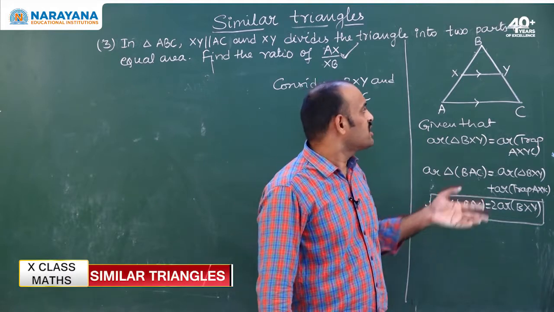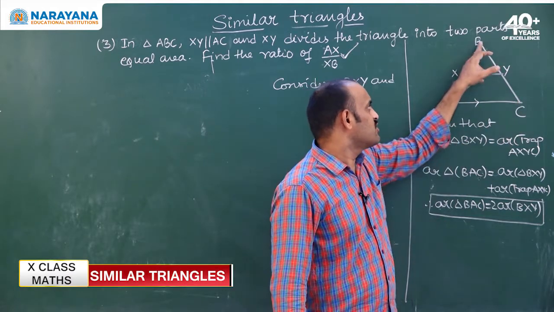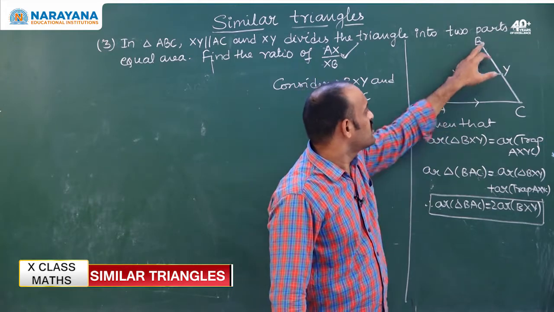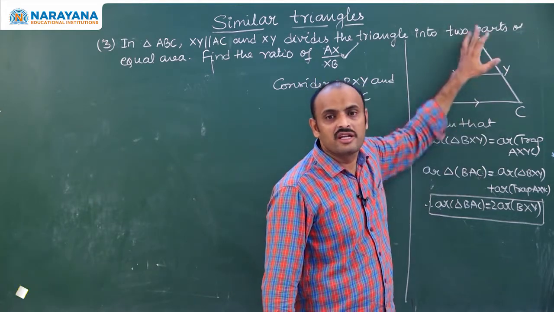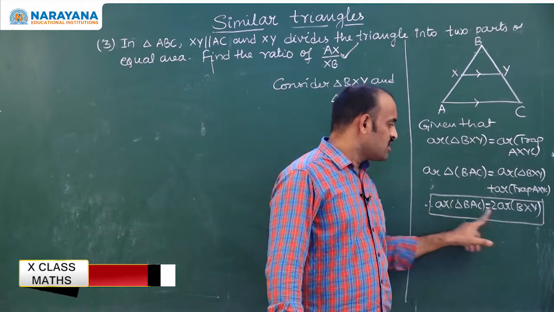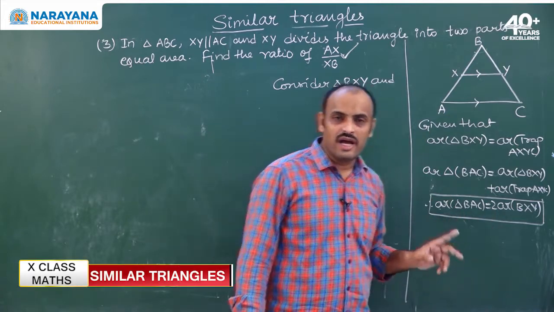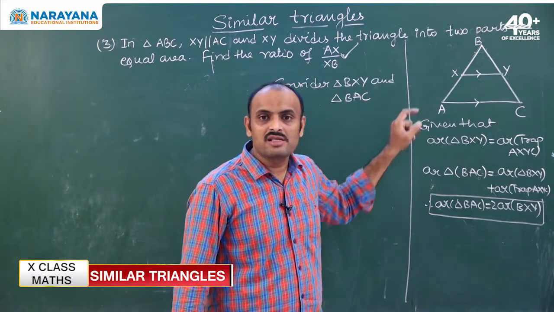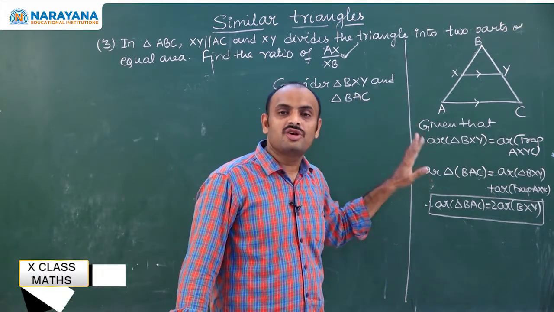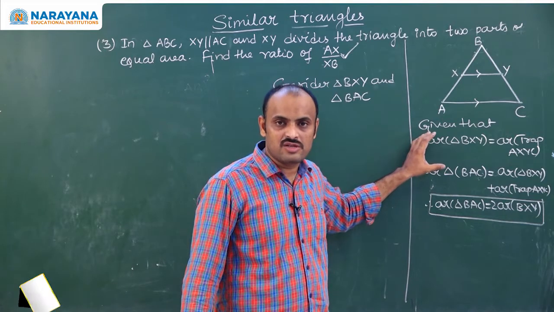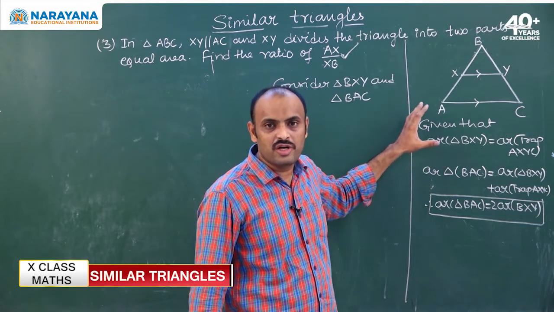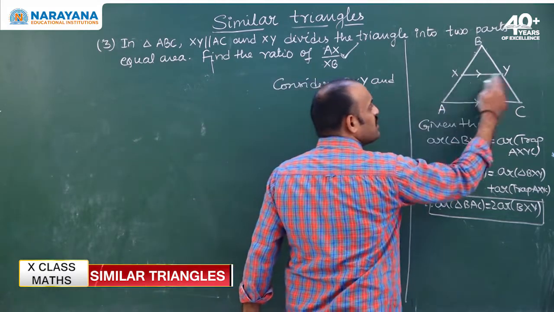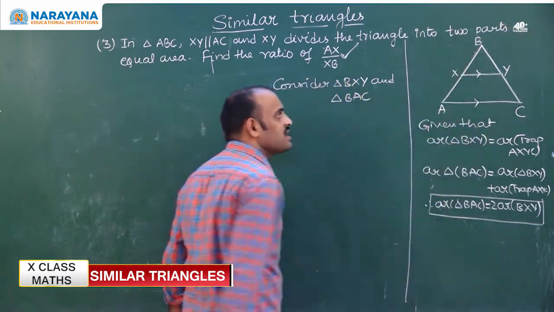But we do not know the ratio of BY by YC, so we cannot find BX by XA. Then I need to go for similarity criteria, because we already got the ratio of their areas. If I can prove that the triangles are similar, ratio of the area of the similar triangles is equal to square of the ratio of the corresponding sides. So, that is why I am trying to prove triangle BXY and triangle BAC are similar.